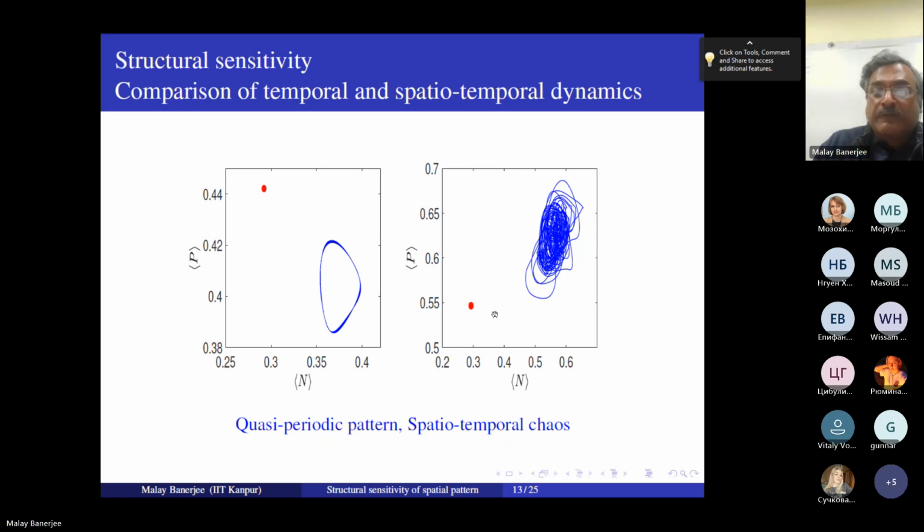However, if we change the carrying capacity without changing the cross-diffusion coefficient, the change in carrying capacity results in spatiotemporal chaos. Here we can see, in the context of spatiotemporal chaos, both U and V, that means N and P populations, have increased compared to their temporal counterpart.